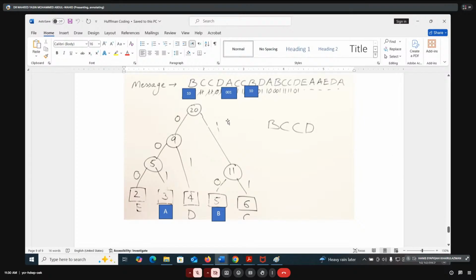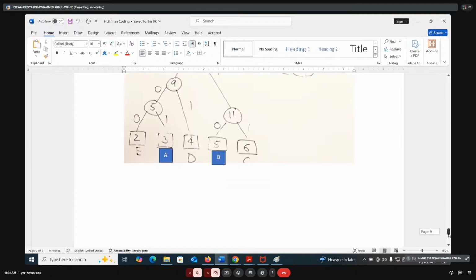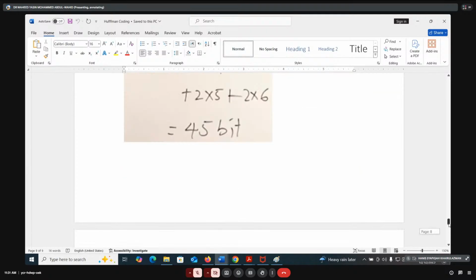So when I start, if I have 1 0, it is B. 1 1, it is C. 1 1, it is C. 0 0 1, it is A. Okay. Now this is the Huffman code.